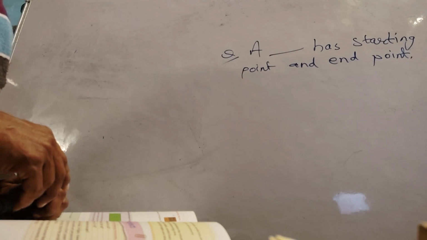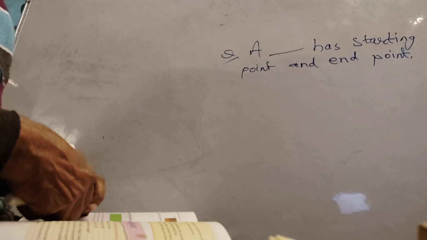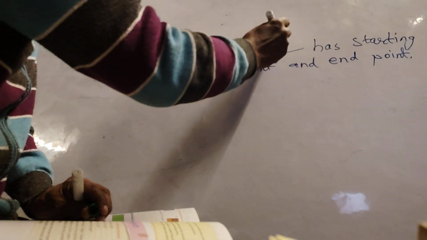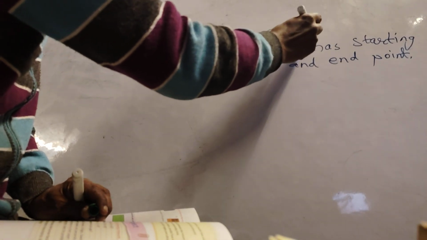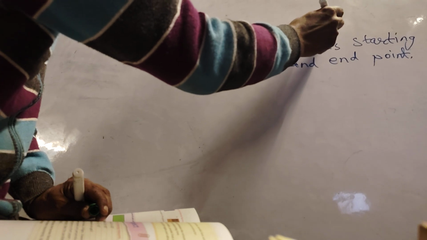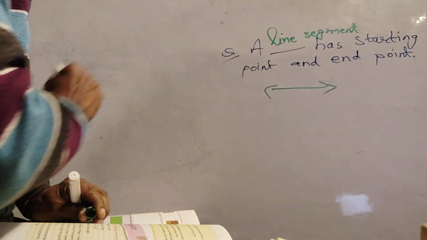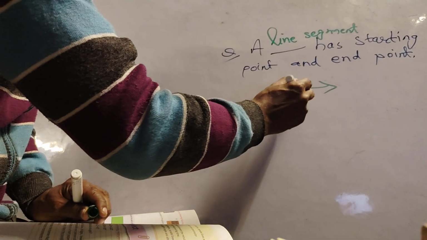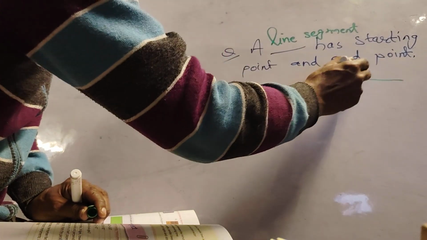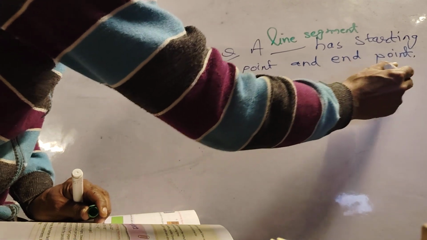A number line? It is the line segment, but it's still a line. A line has arrows on both sides, and a line segment has points only at the starting as well as the ending.